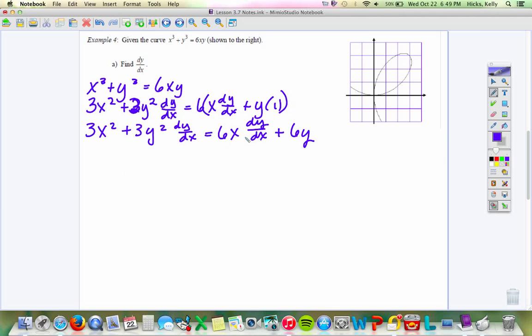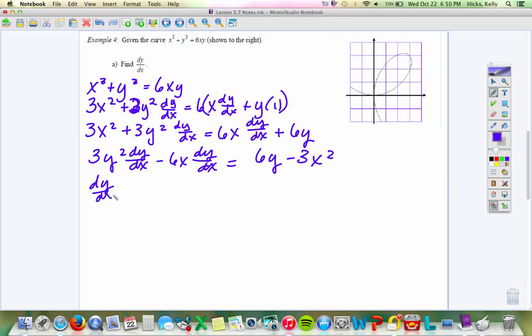Okay, and then we need to move all of the dy dx's to one side. I'm going to choose to move them to the left side, and all of the other terms to the other side. And then we factor out the dy dx. And then we divide through by the other terms.